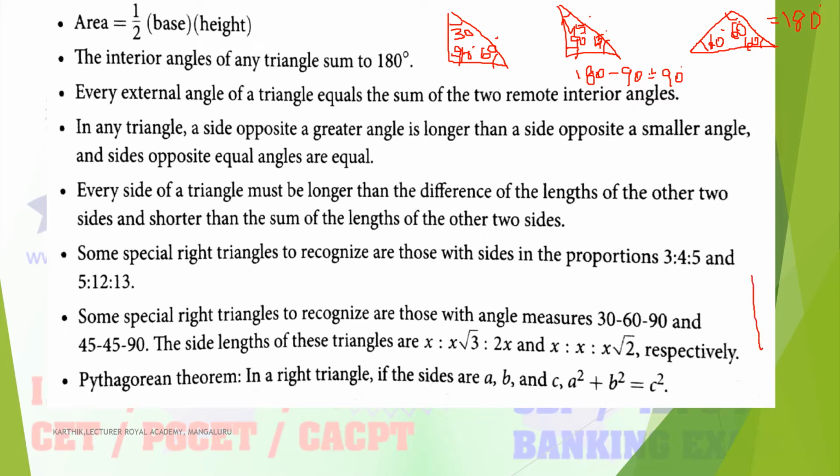If it is a right angle triangle, consider the angle is here. Or else you just remember the angle is here or here. Here, the side opposite to this angle is the opposite side. This is the hypotenuse side.